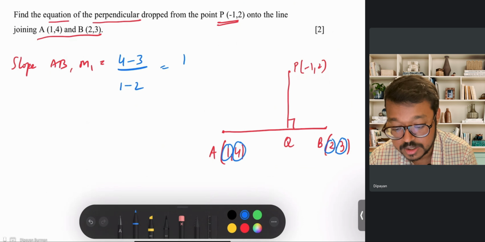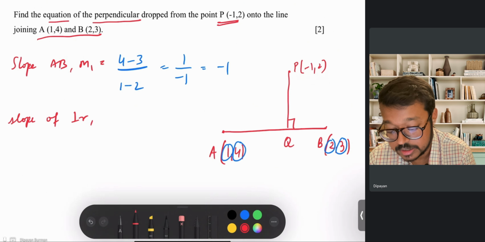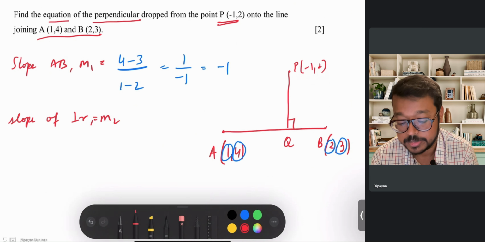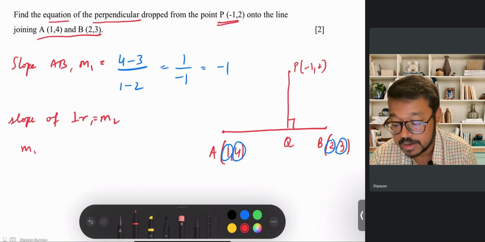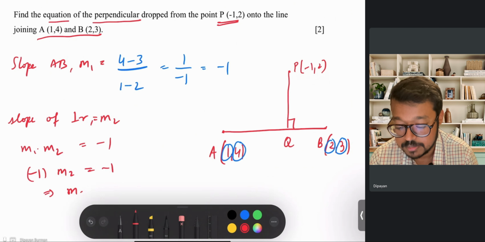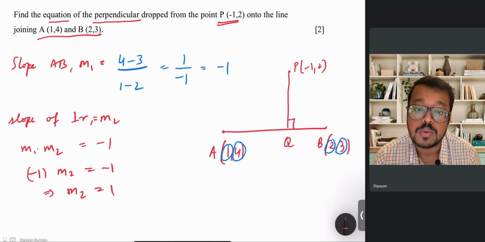So it is 1 by minus 1, which is minus 1. So therefore, the slope of the perpendicular, let's call it M2. The product of slopes of any two perpendicular lines is minus 1. So M1, M2 product is minus 1. So we have minus 1 into M2 equals minus 1. That gives me M2 equals 1. So the slope of the perpendicular that I want is 1.